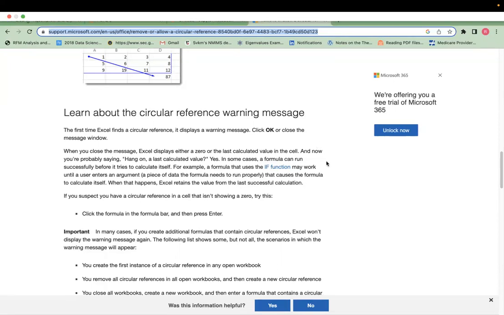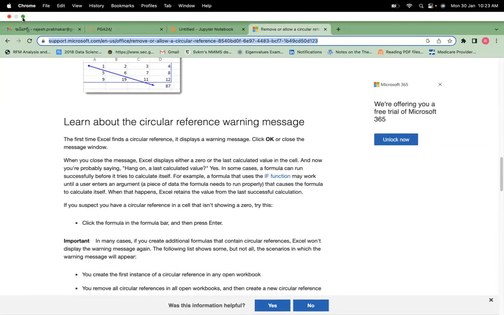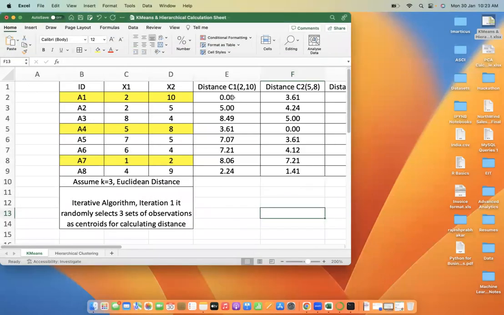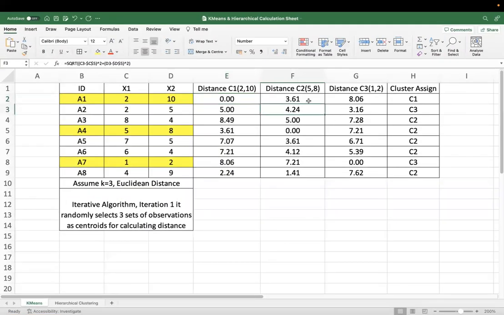It is D2 minus D2. Now you are doing the same cell formula, right? For C1, we are taking the same cell minus the same cell. That is called circular referencing, so you have to turn it off. But in C2 also we are doing same cell to same cell, no, sir?